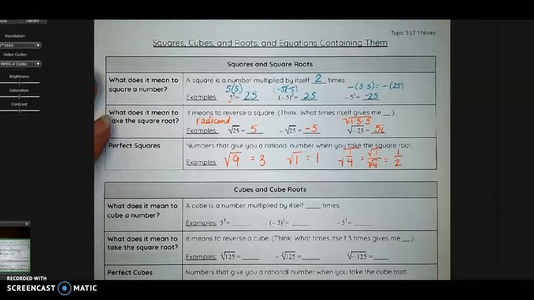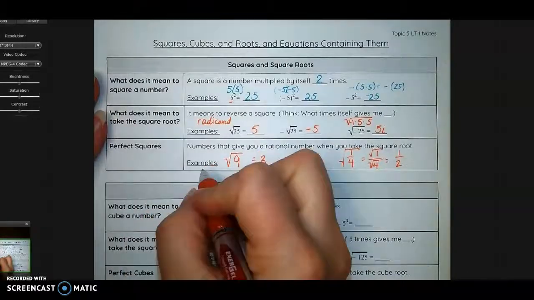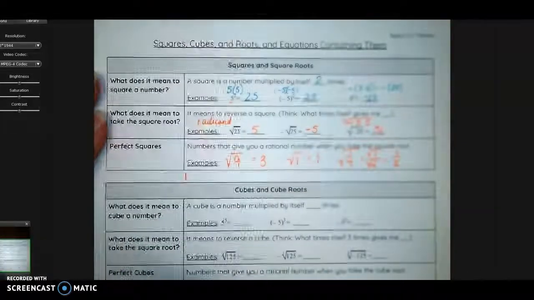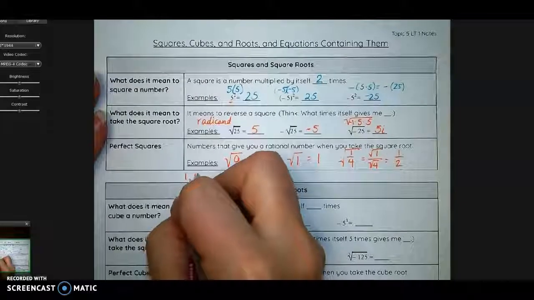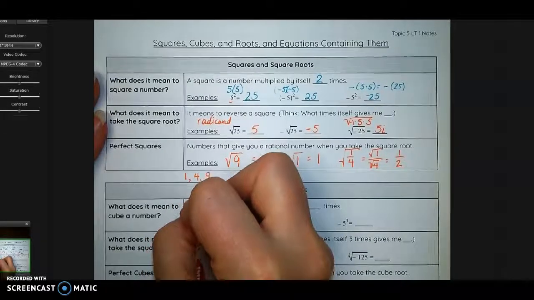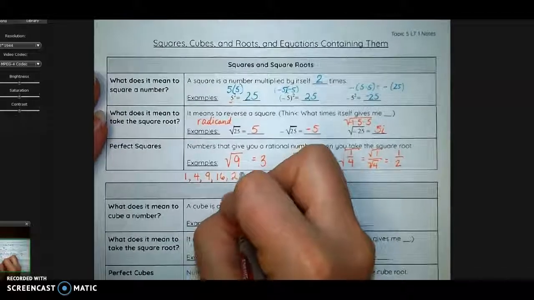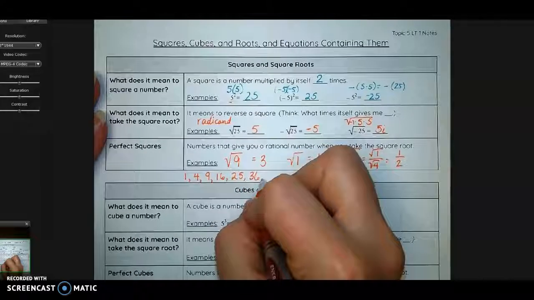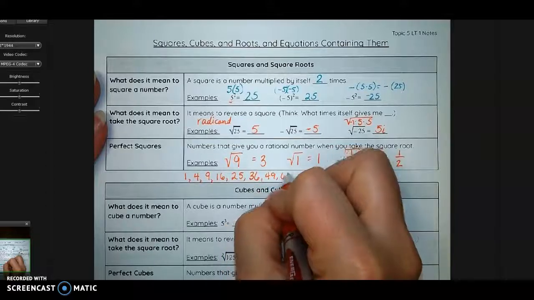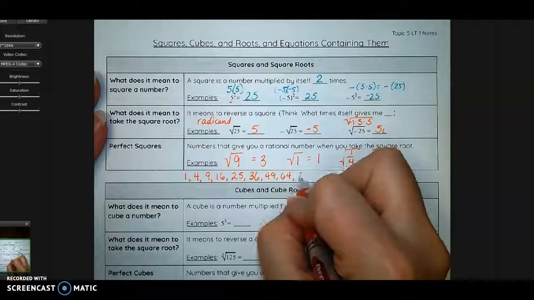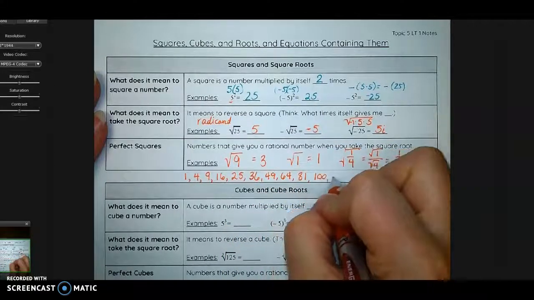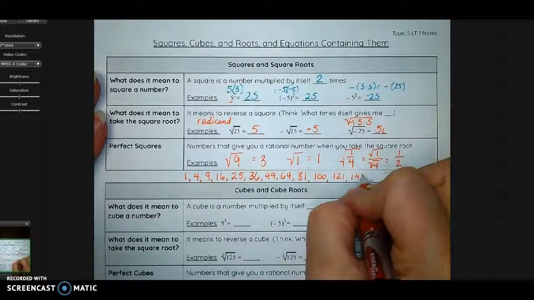So our perfect squares, if you think 1 times 1, well, that's 1. 2 times 2 is 4. 3 times 3 is 9. 4 times 4 is 16. 5 times 5 is 25. And then we've got 36, 49, 64, 81, 100, 121, 144, 169.